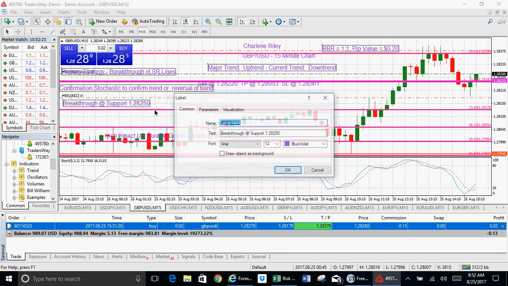Okay, so we have the breakthrough at resistance, $1.28247.